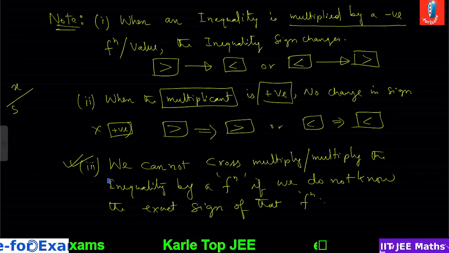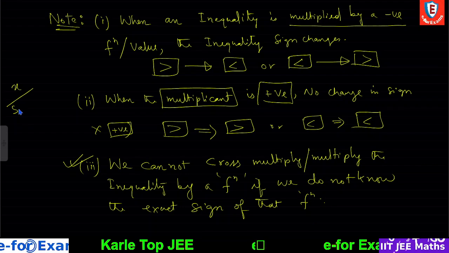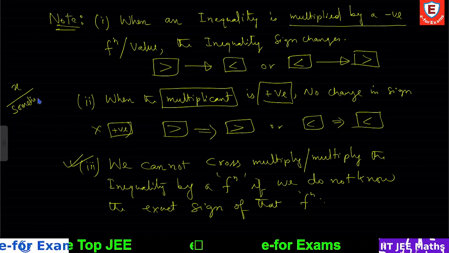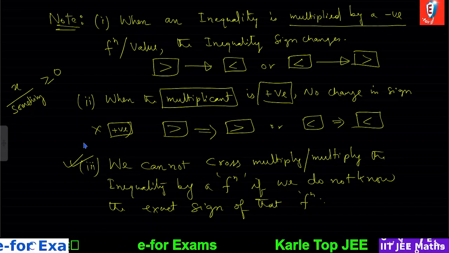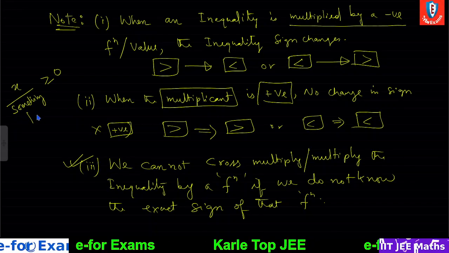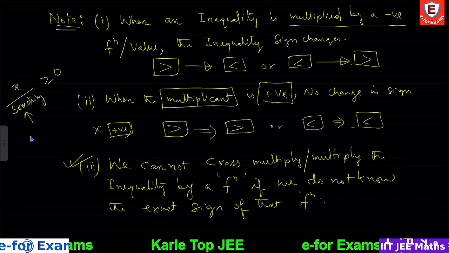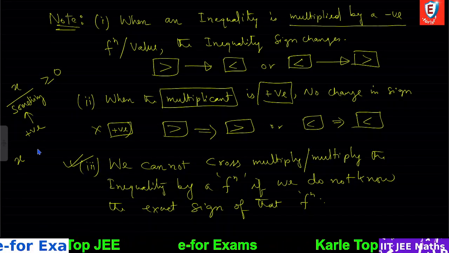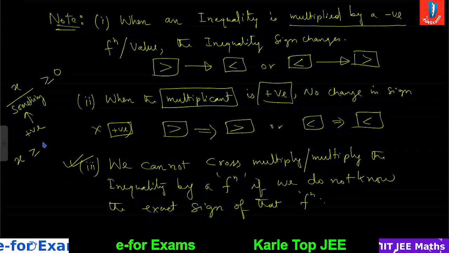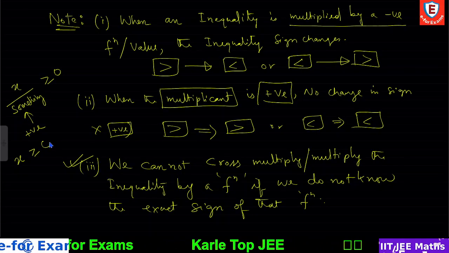You get point number 3 here. x by something is greater than or equal to 0. If we know the sign of this something, if it is positive, then we can cross multiply and there will be no change in sign.